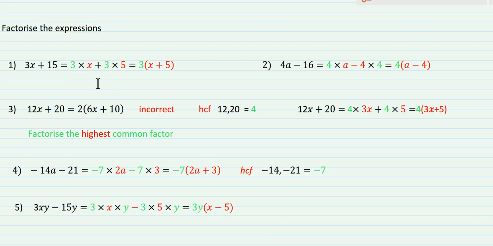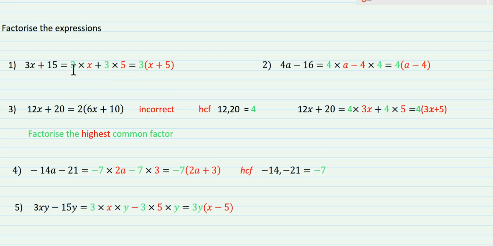Now we can see from here that we have 3 is common in this first expression, and there is 3 here as well. So 3 is in green. Because 3 is common to both of the expressions, you put the 3 outside, in front of the bracket. Then you open the bracket, and to decide what goes in, you ask yourself what's left behind.